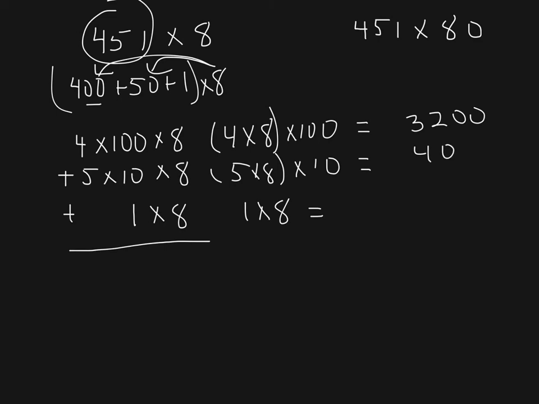Whoops. I'm going to keep my digits lined up here. So 40 times 10 will be 400, and then 1 times 8, of course, will be 8. So I'm going to add all these together, and I get 3608.